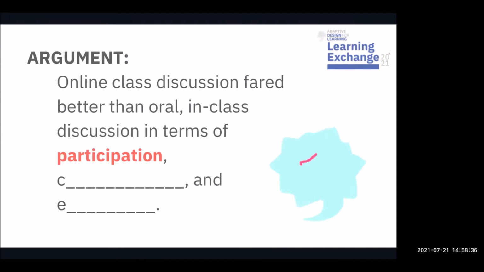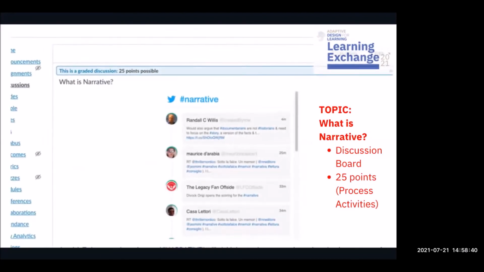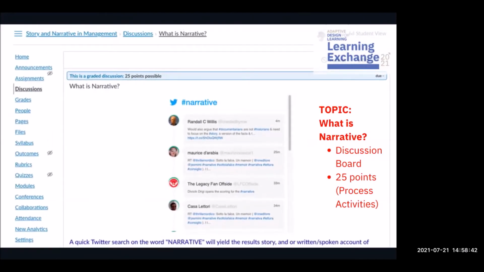So now, let's go to another page of Module 1. Now, this one is regarding the content of the course. So after reading the required text, there is a discussion on the topic, the narrative concept, narrative.